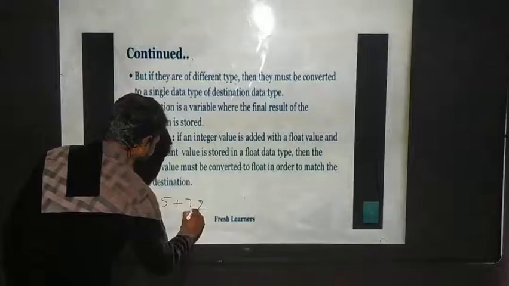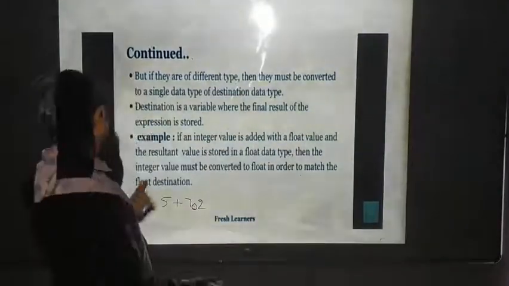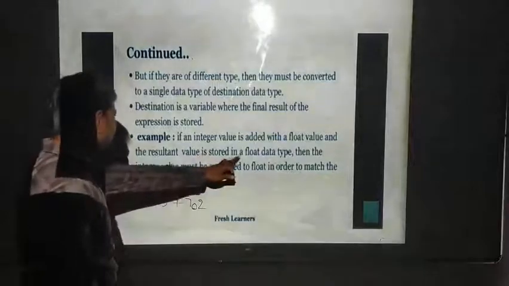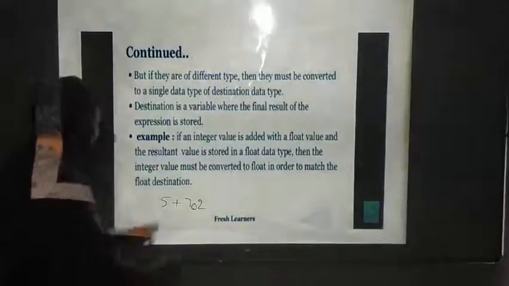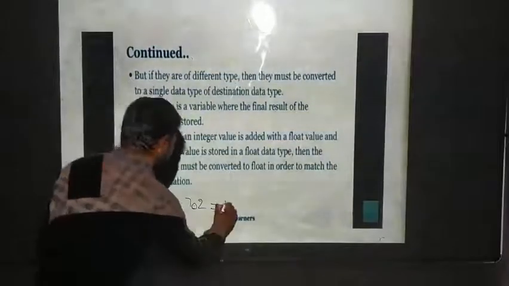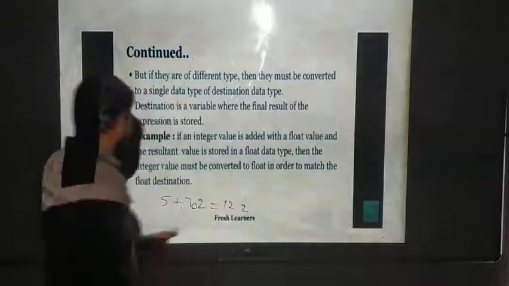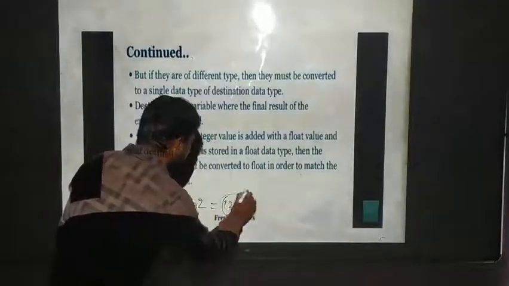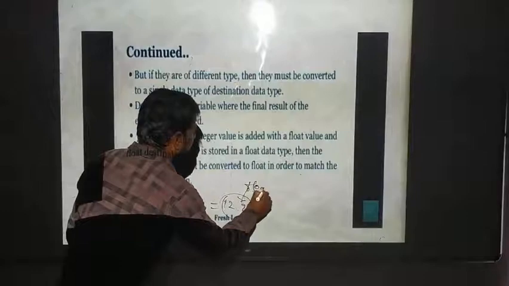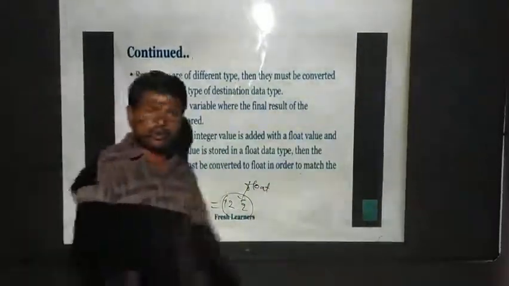Float means which has decimal values. The result is stored in a float data type only. If we add 7.2 plus 5, how much will you get? 12.2. This belongs to float only, so the final result must be converted to float to match the float destination.